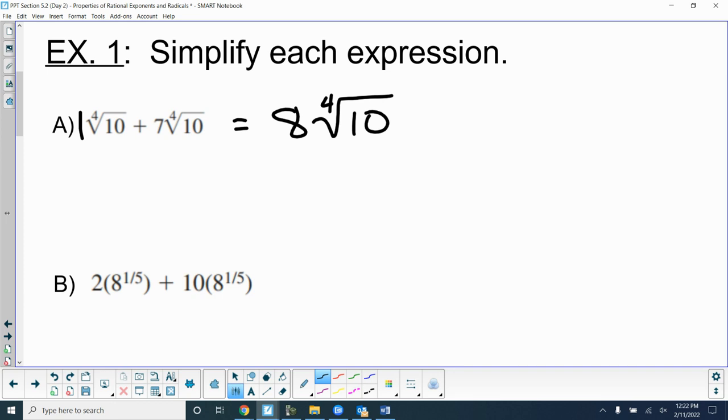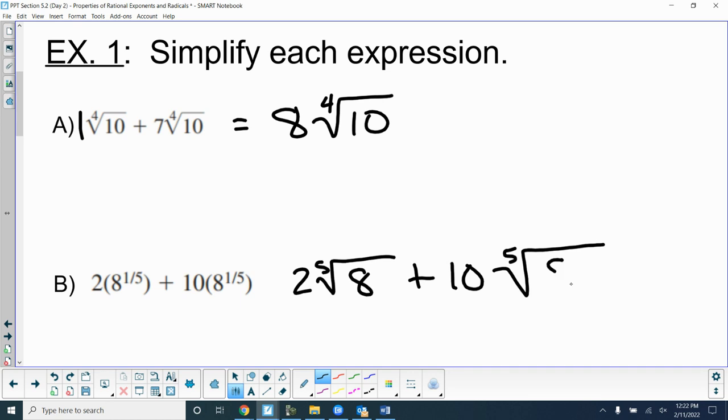All right, this means, 8 to the 1/5 means the 5th root of 8, right? Are those like radicals? Can I add the 2 and the 10? Yes. So what's the answer? 12 times the 5th root of 8. Make sense?